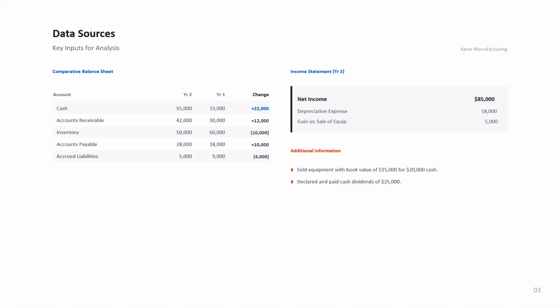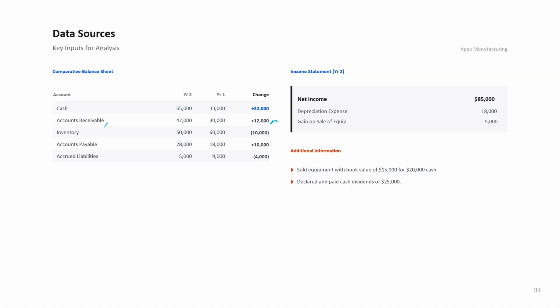The comparative balance sheet here shows us the change in working capital accounts, which is vital for the operating section. So here, let's look. We have accounts receivable, for example, increased by $12,000 here.